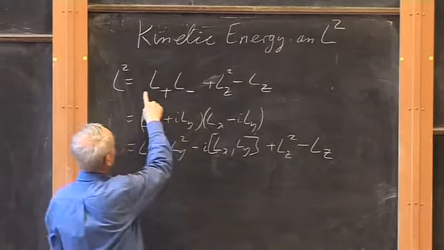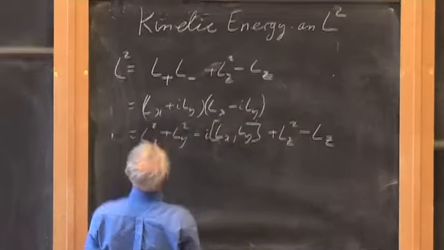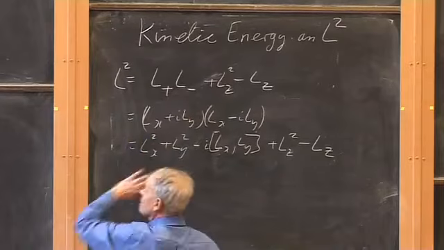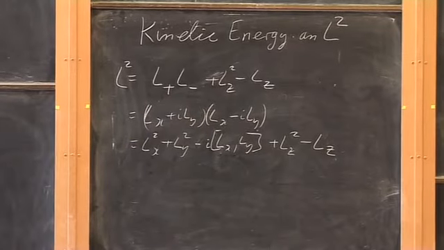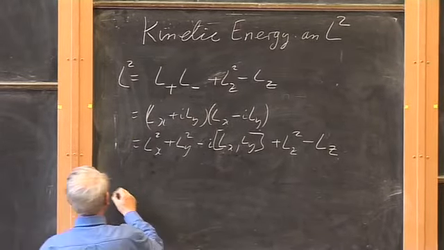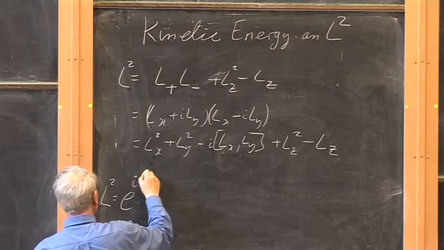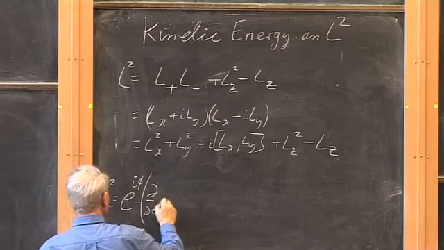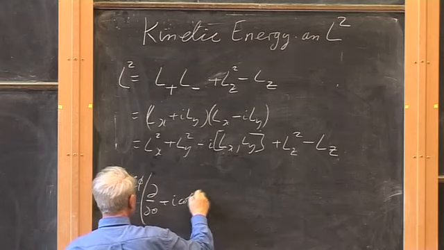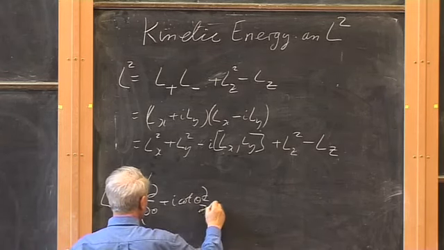So that's that. So what we do now is we write down L plus L minus, which we have floating up there in the stratosphere. So we have that L squared is equal to e to the i phi, d by d theta plus i cotangent theta d by d phi.